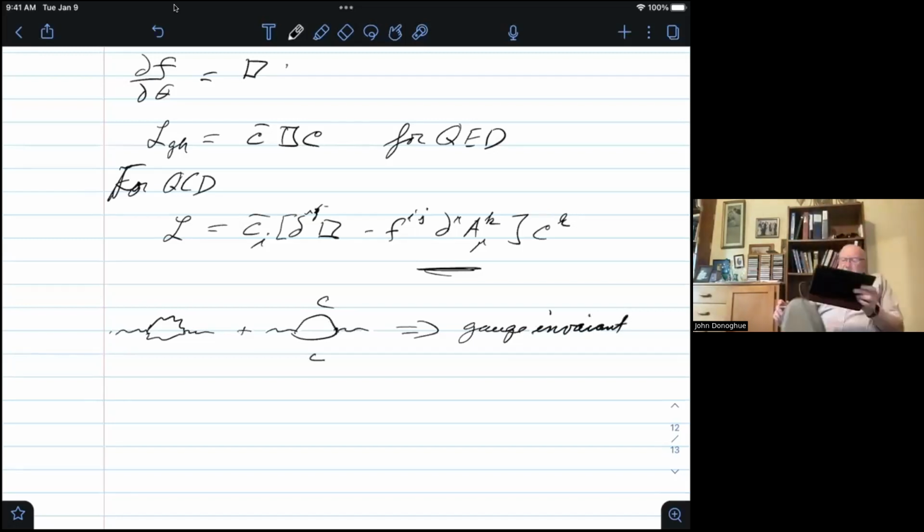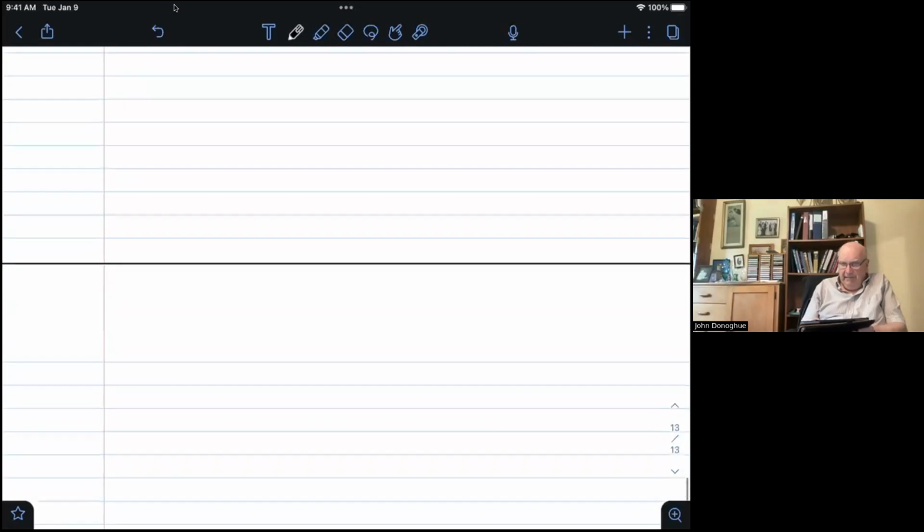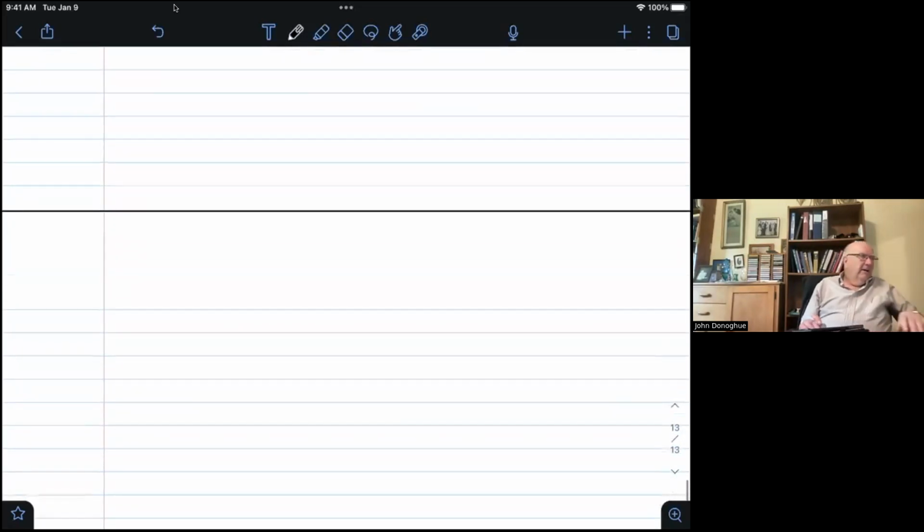So Feynman did this by taking these diagrams and converting them using his tree theorem. The DeWitt-Faddeev-Popov reformulation of this uses this fancy formal construction, but gets the same answer: you do the graviton calculation or the gluon calculation and you subtract off the ghosts. All right.